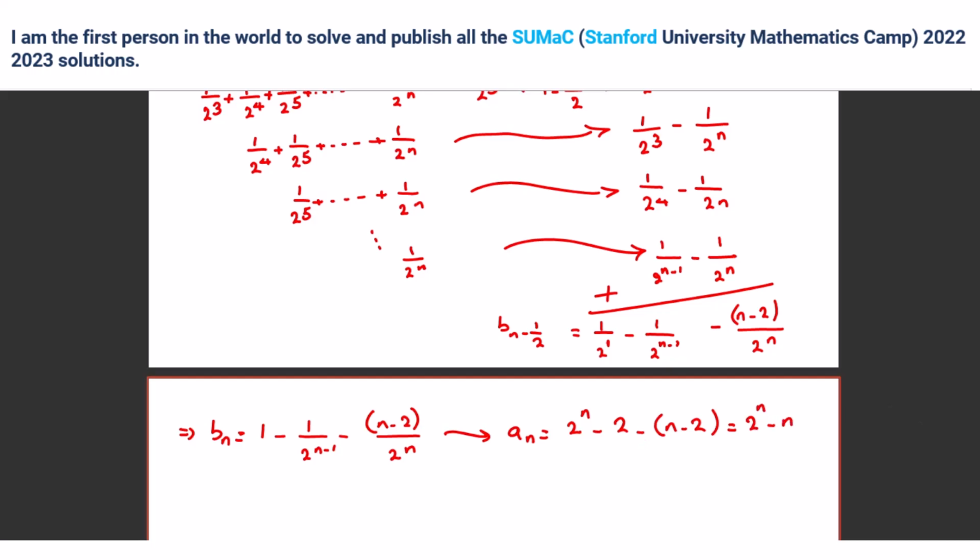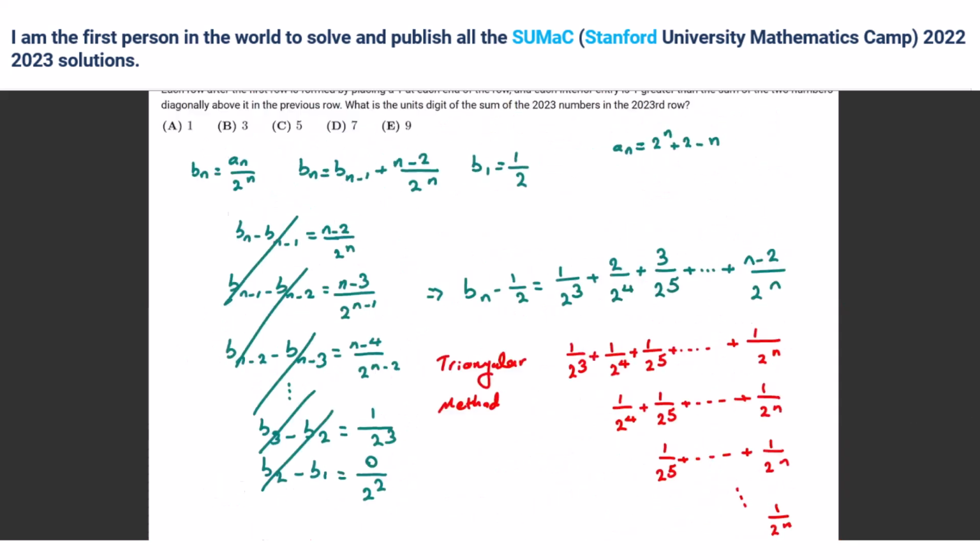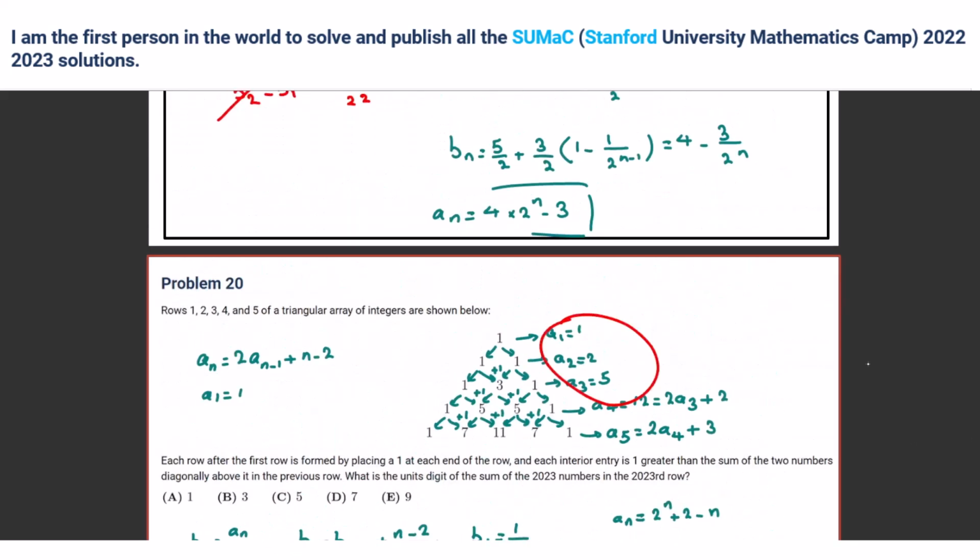Let's check it. a1 is 2 minus 1, which is 1. a2 is 4 minus 2, which is 2. a3 is 8 minus 3, which is 5. So 1, 2, 5, right? Okay, so we found that an is equal to 2 to the n minus n.